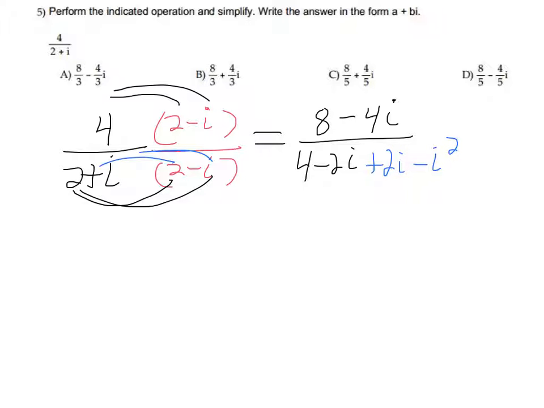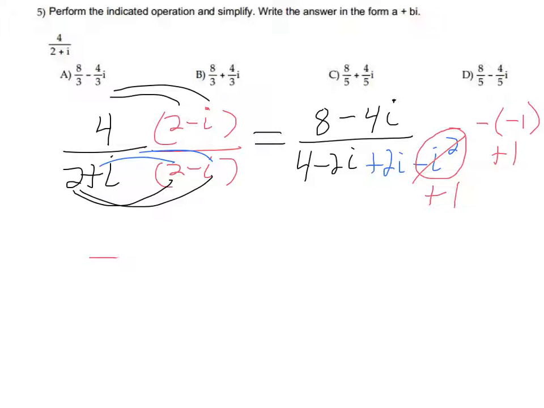Okay. Minus i squared is minus negative 1. It's plus 1. The whole thing is plus 1. Anytime you get an i squared term, you always want to change the i squared to negative 1 and then simplify, because this gives us like terms in the bottom. Let's take a look.